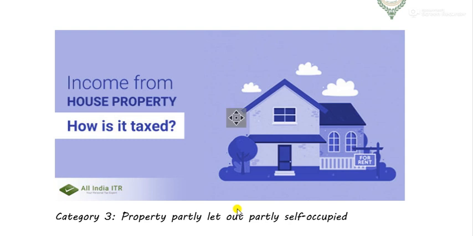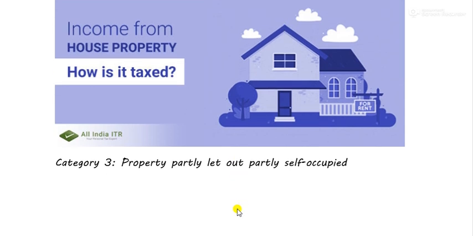Or, in a large area of land, suppose there are two houses, one self-occupied and the other let out to a tenant. These are the two cases covered in category 3, and hopefully we'll cover both of them today itself.